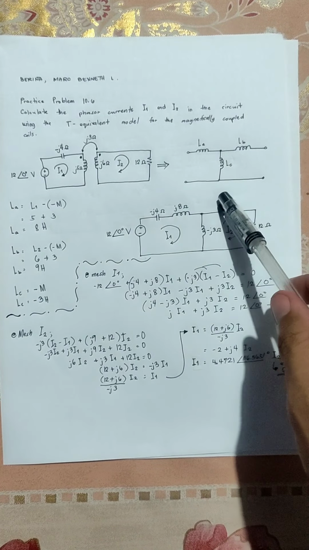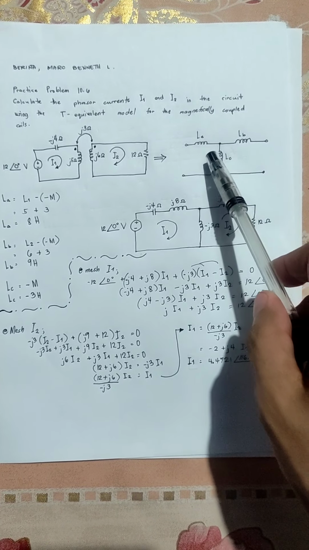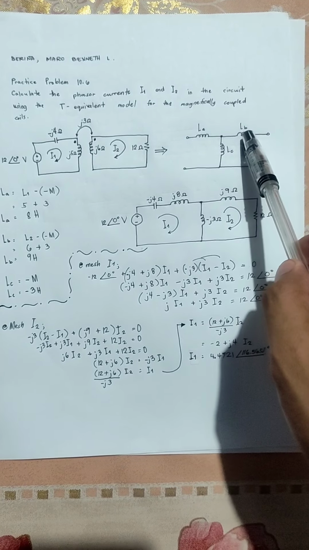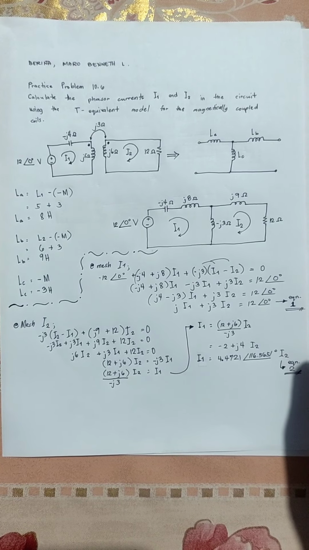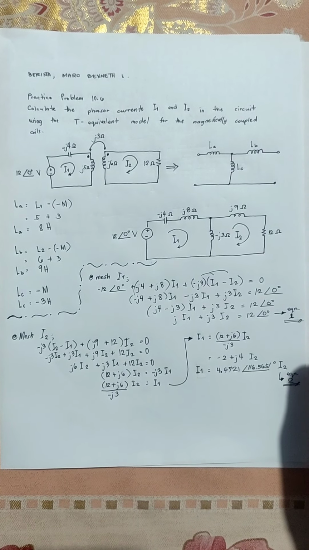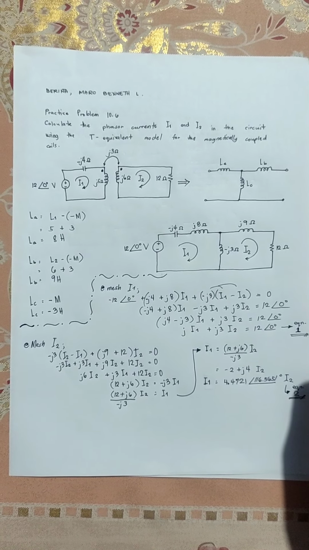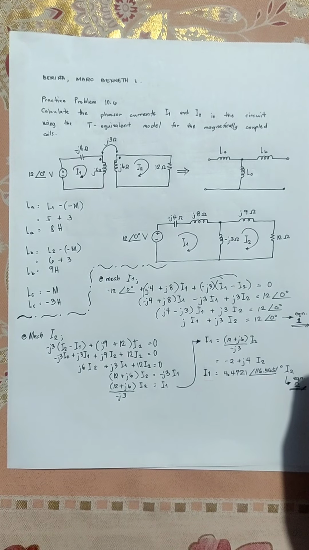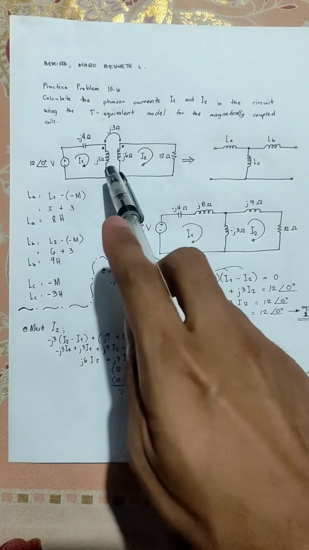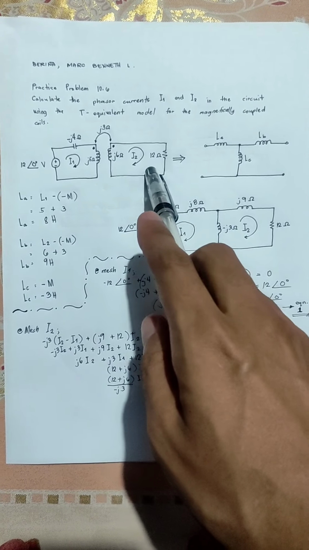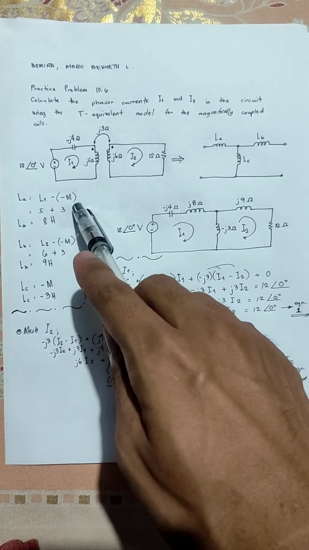We have the pattern here for the T equivalent network, which has the values of L sub A, L sub B, and L sub C. To get those values, we have the formula for L sub A equals L sub 1 minus negative M, since I1 is entering the dot and I2 is leaving the dot, so our M will be negative.